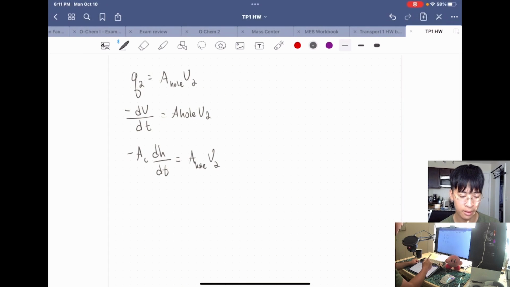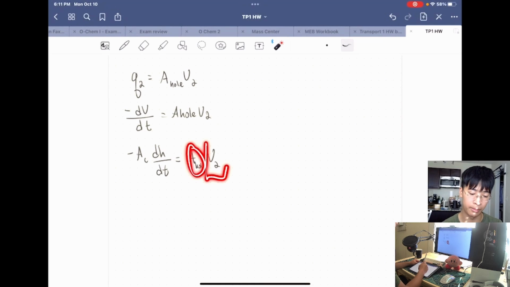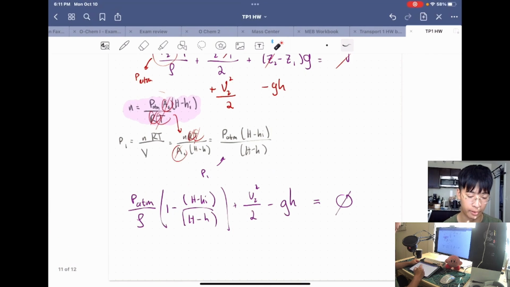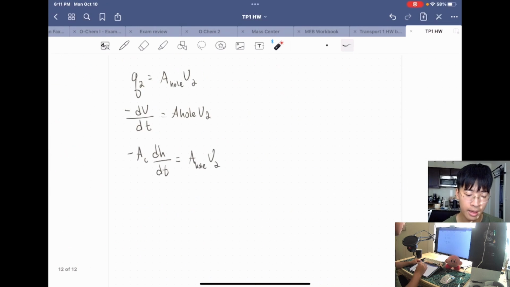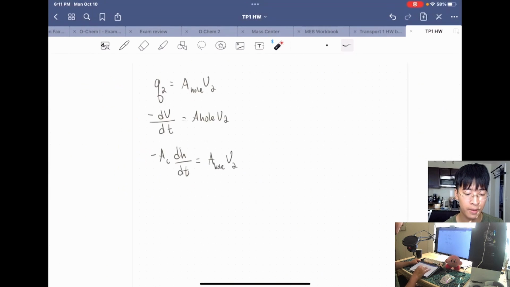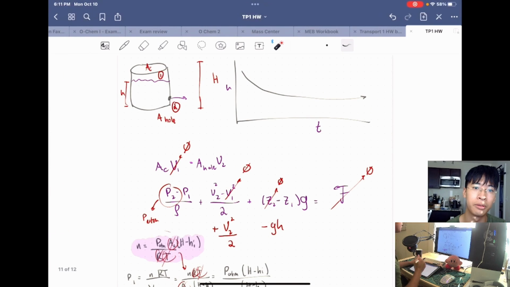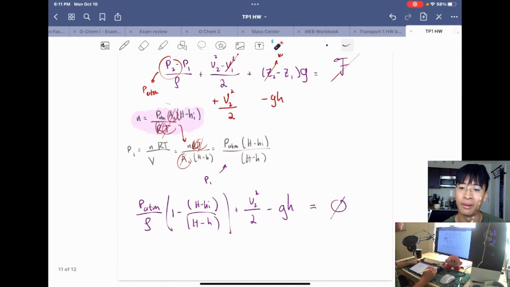What's known here? This is known. That's known. It doesn't seem immediately obvious, but we have an expression involving that variable, dH/dt. If you solve this differential equation, that's going to get us H as a function of time. So this is in fact the differential equation that we want to solve.